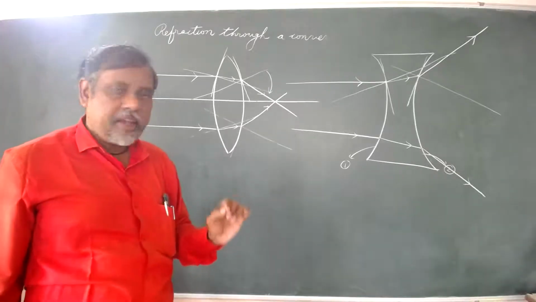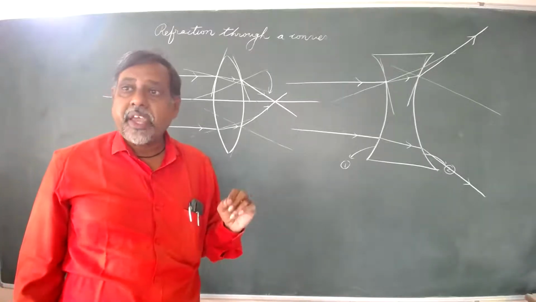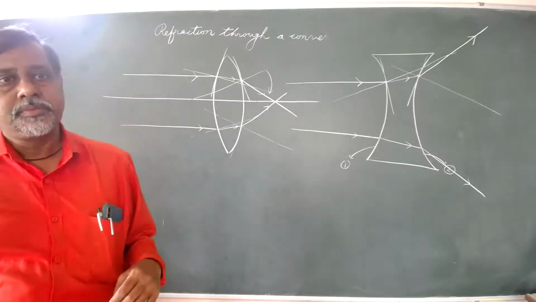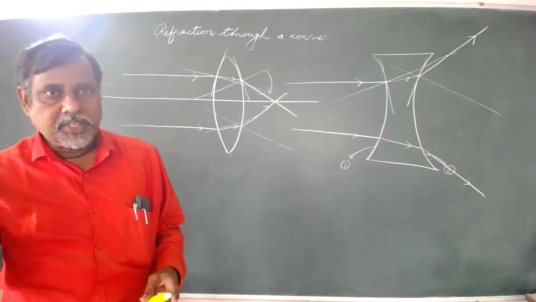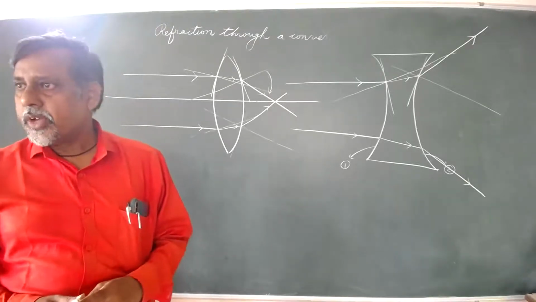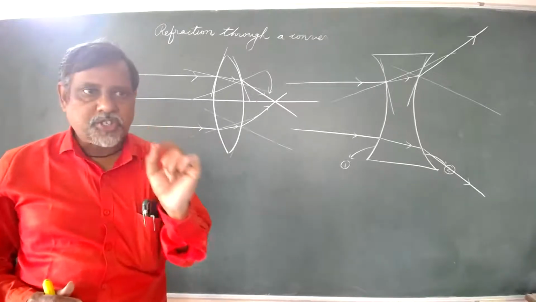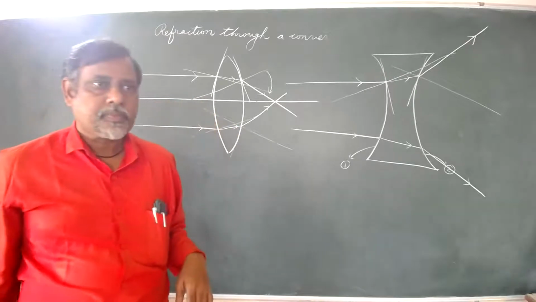When the object is at the center of curvature, where will the image get formed? At the same center of curvature, on the other side of the lens. In the case of a convex lens, all primary ones are on the right side, and all secondary ones are on the left side. So if you place the object at C2, the image will get formed at C1.